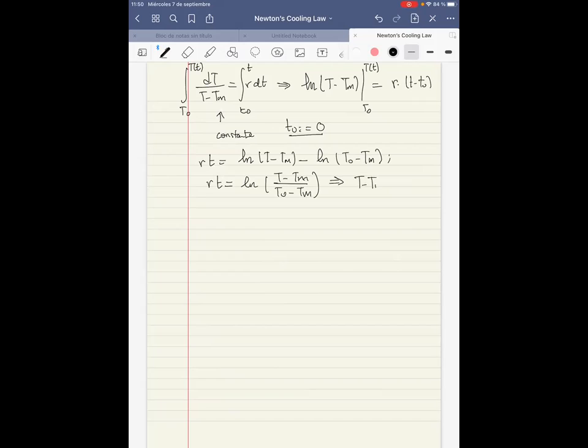So T minus Tm is going to be T0 minus Tm exponential RT. And then the T that we're looking for is Tm plus T0 minus Tm times the exponential. So this expression is basically the integration of the law of Newton, okay? So this is it, and let's call it Newton's cooling or warming law.